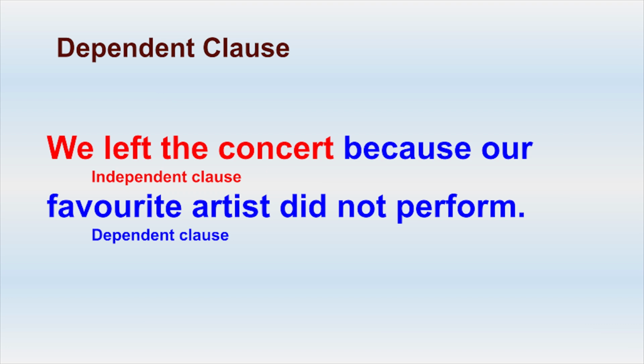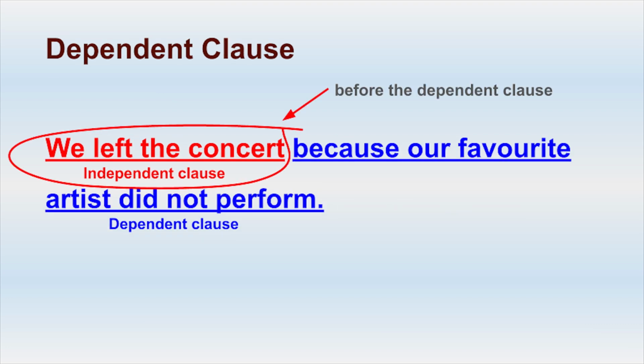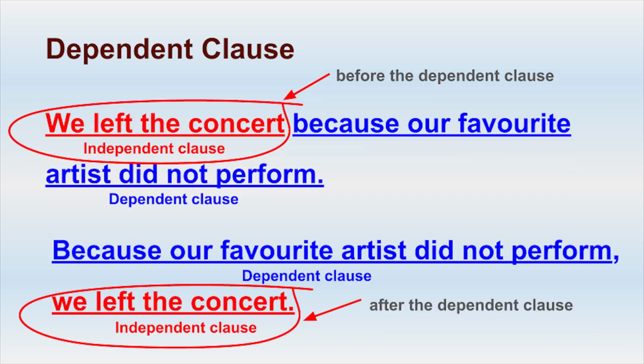In our examples, you will notice that the independent clause precedes the dependent clause. This does not have to be so in all cases. We could reverse the order of these two clauses by placing the dependent clause before the independent clause, and our sentence would still make sense.